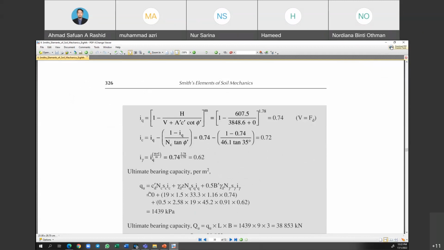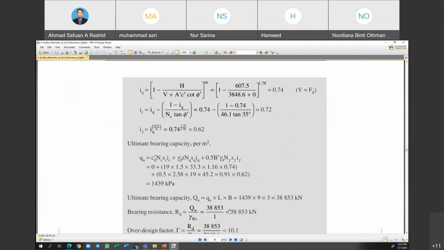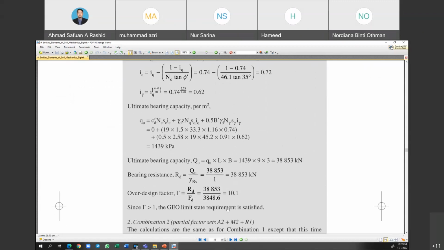Later on we just include all the information in the formula, divide with the RB, so we obtain 38,853. We divide with the FD, so this is the ratio between the resistance and the action load, and we obtain 10.1. So the value is very huge, however, it already satisfies the geo limit state requirement.